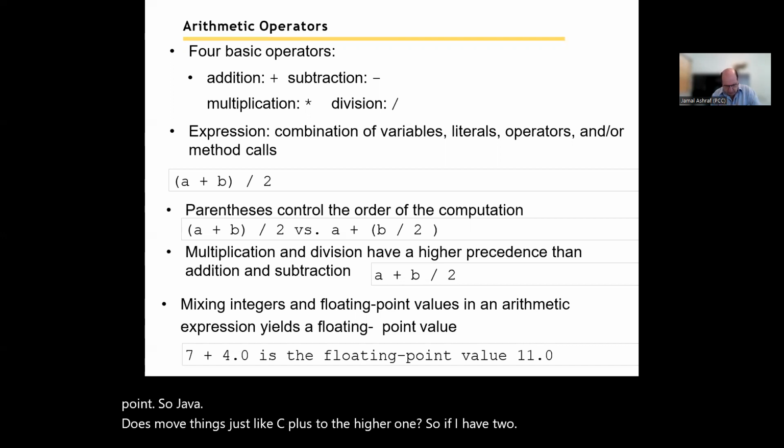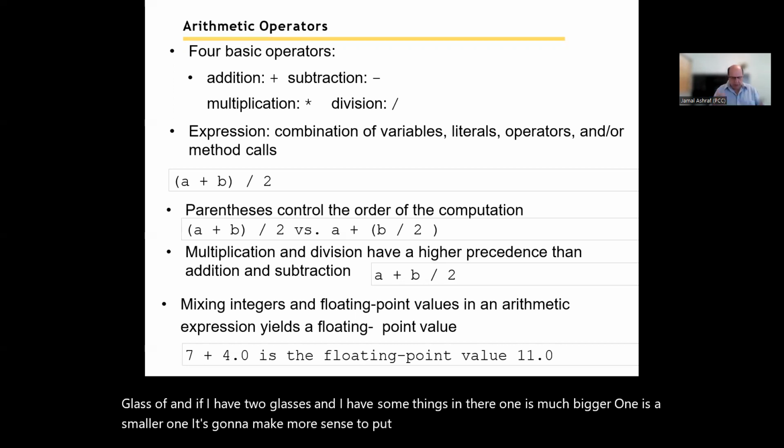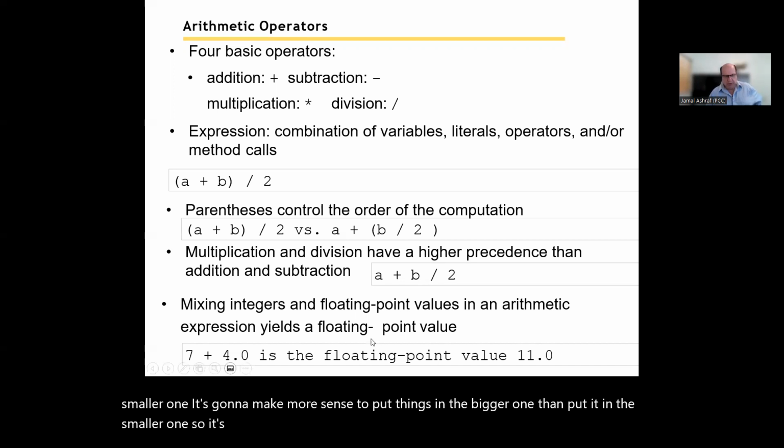If I have two glasses, one much bigger and one smaller, it's going to make more sense to put things in the bigger one than in the smaller one. So it's automatically going to change it. If I have 7 as an integer, it's going to automatically become 7.0, and then it's going to add with 4.0.